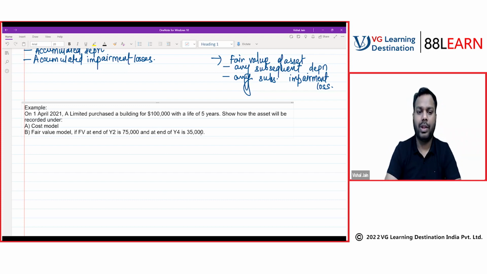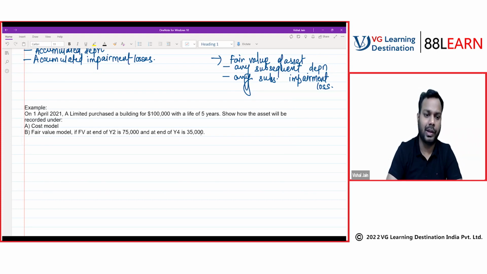Now, how will the asset be recorded? That's the question. Now, let's assess it.